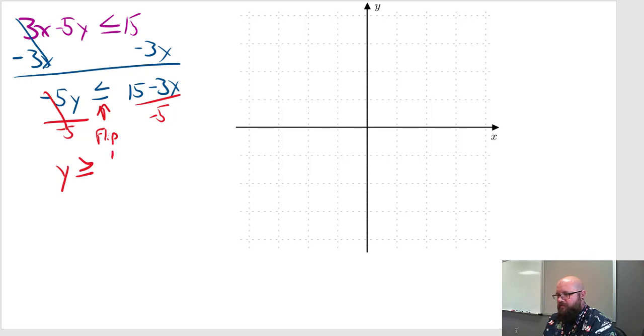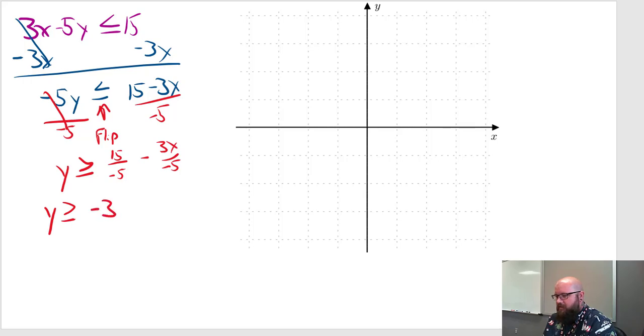And if we take 15 divided by negative 5 minus 3x over negative 5, we should get y is greater than or equal to 15 divided by negative 5, which is negative 3.